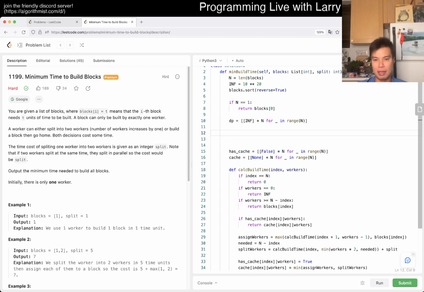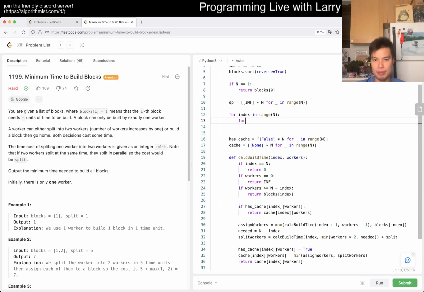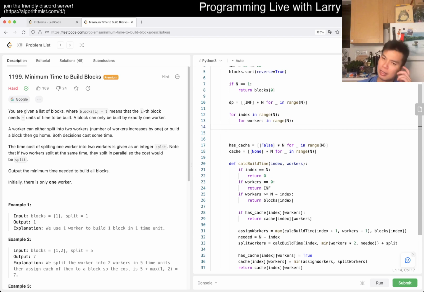Right, and then now for index in range from I guess 0 all the way to n. Yeah, n's fine. And then now for work, oh no, work in range of n is fine too. Is it n or n plus 1?